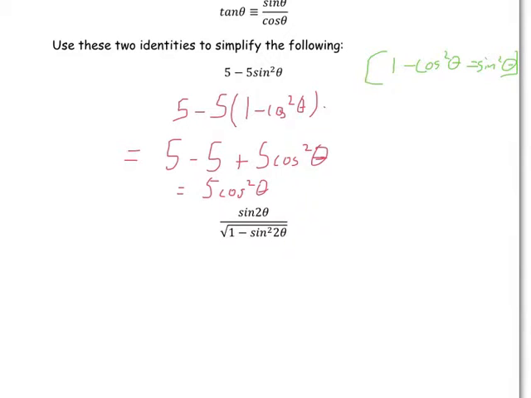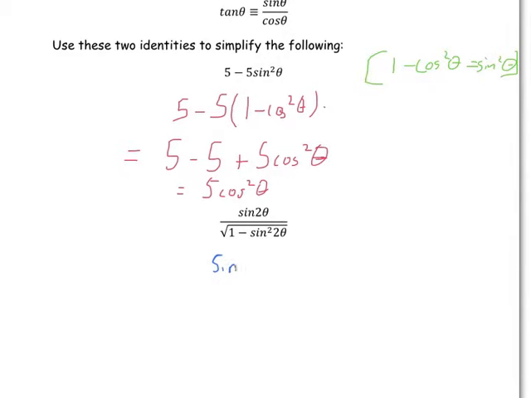But we can change this bottom. Let's try using our fact we just wrote down, 1 minus cos squared 2 theta, so let's change the bottom to use cos squared 2 theta.